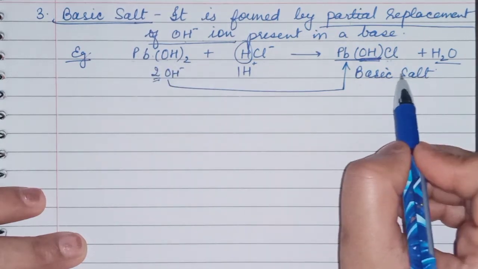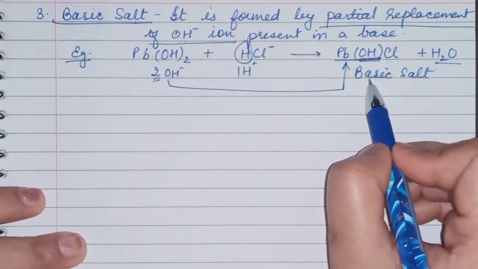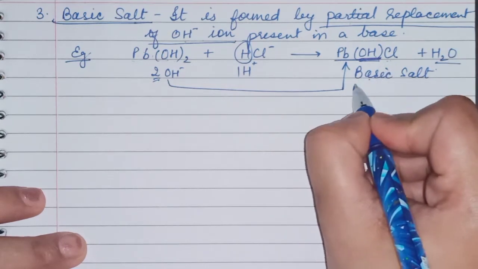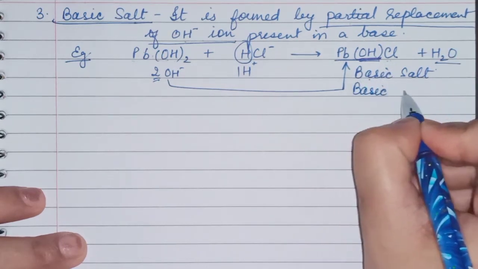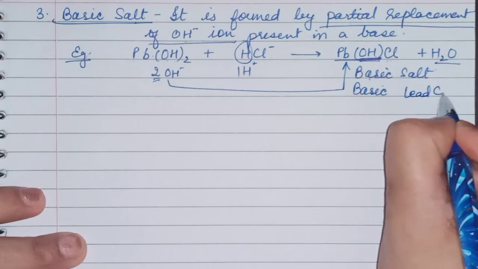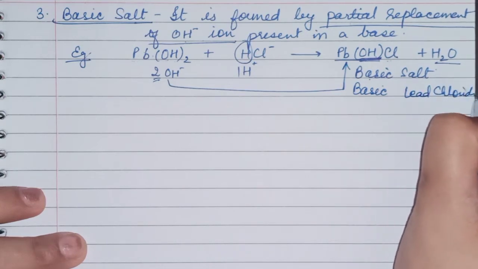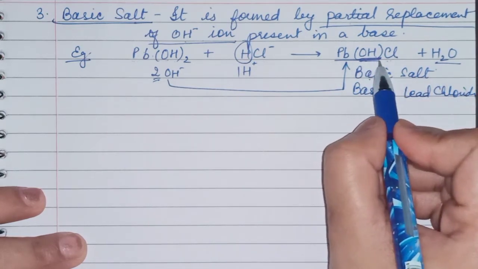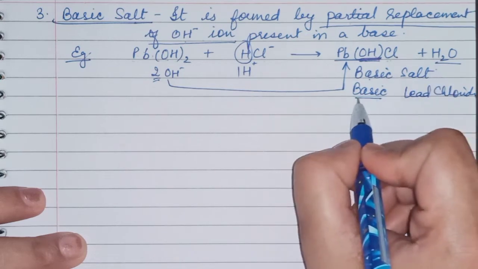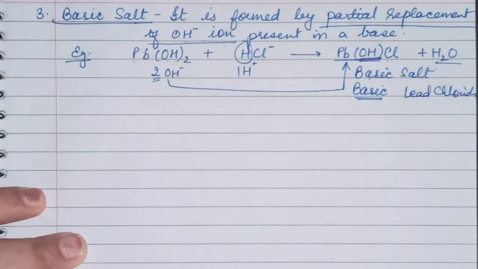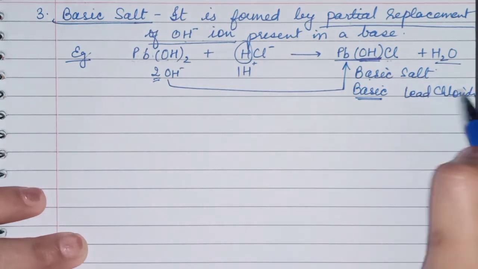That's why the salt will have some property of base, and the name of the salt will be basic lead chloride. Wherever a base is present in the salt, you will use basic as a prefix for the salt.